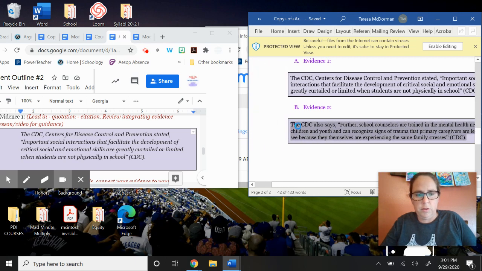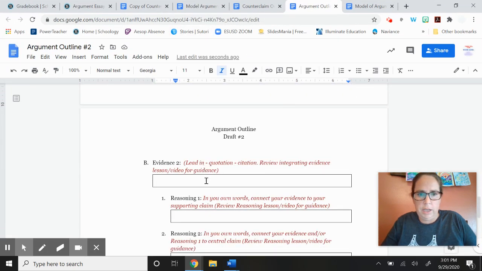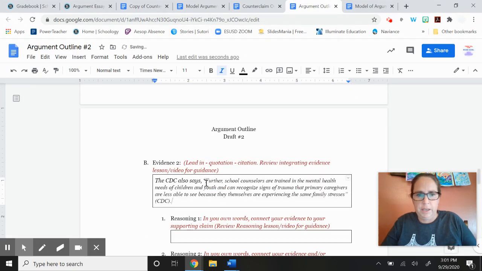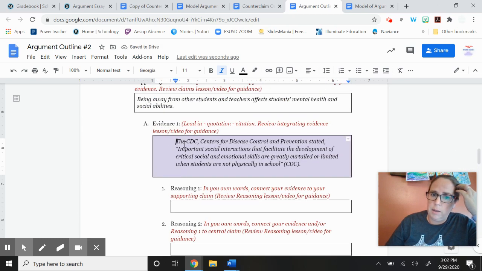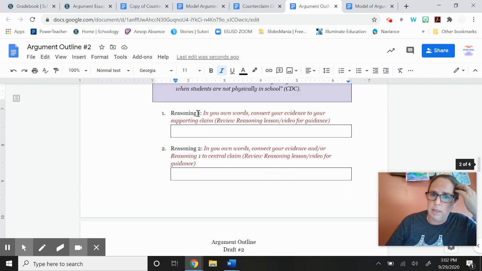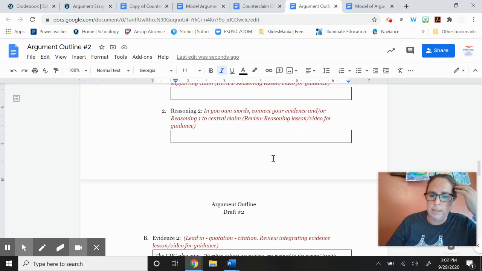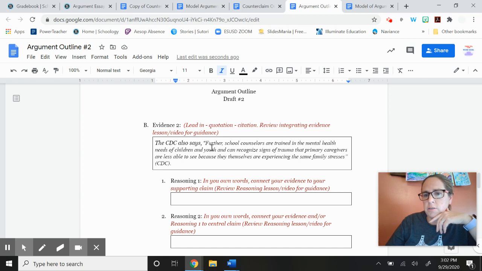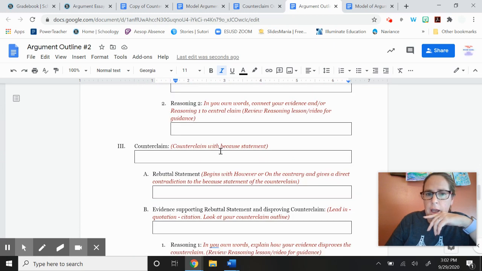All right, and you notice what this person did here with their second piece of evidence, since it was coming from the same source, right? They were able to say, since they led in here with the CDC, Centers for Disease Control and Prevention, right, now the CDC also said, don't need to go into all of it again, right, because you already did that introduction. So that's the stuff we're taking from our original outline.